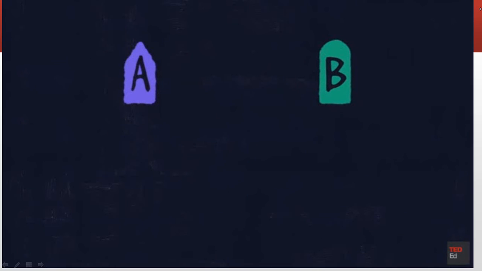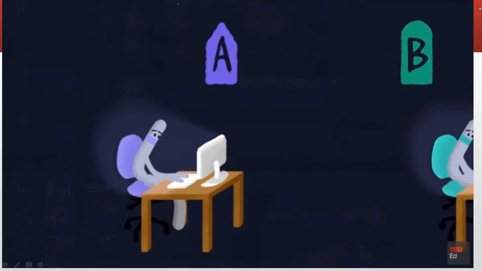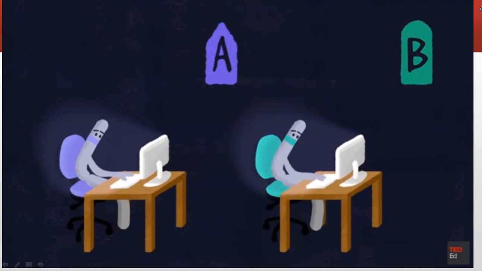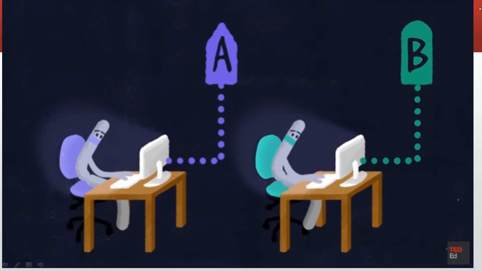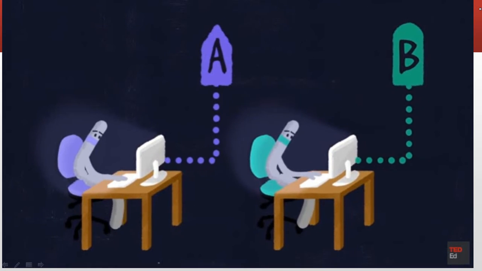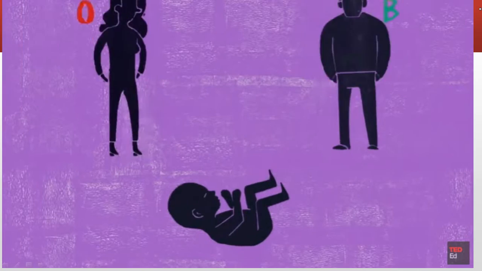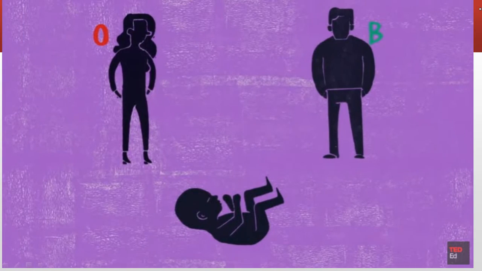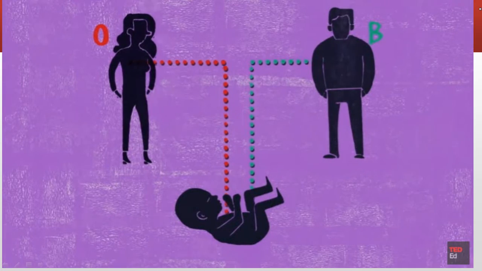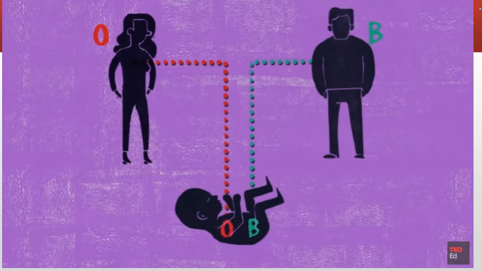Well, the antigens are coded for by 3 different alleles, varieties of a particular gene. While the A and B alleles code for A and B antigens, the O allele codes for neither. And because we inherit one copy of each gene from each parent, every individual has 2 alleles determining blood type.